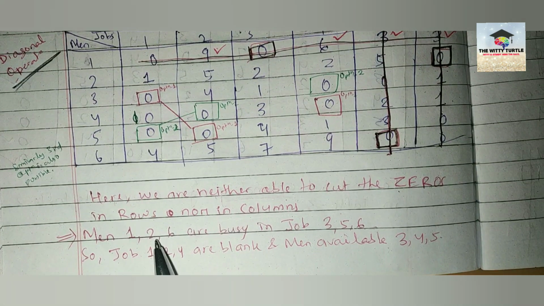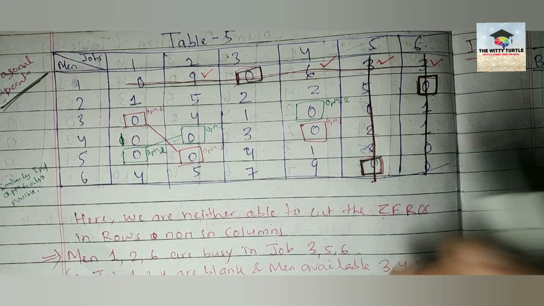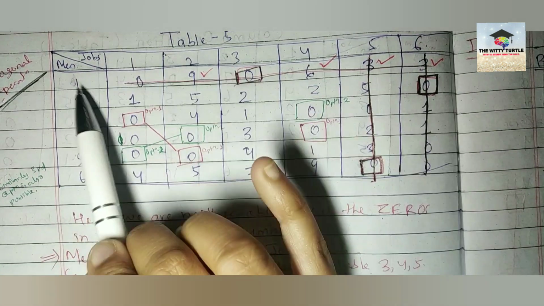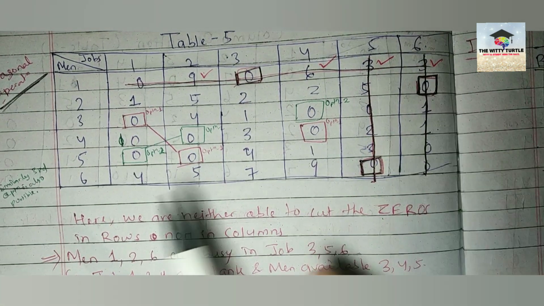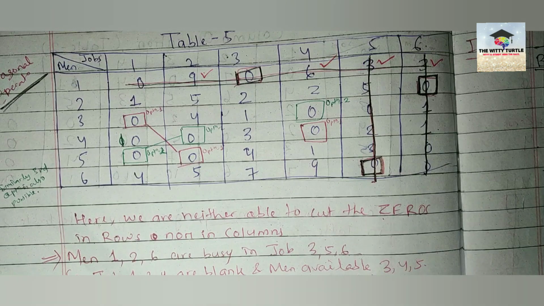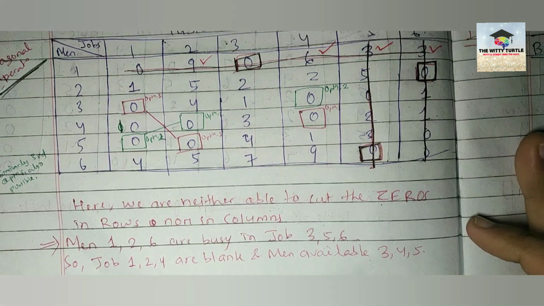So here we can see that men 1, 2 and 6 are busy in jobs 3, 5, 6. How can you say that? Because see, job 3, men 1, men 2, job 6, and then men 6, job 5. Right? So what do we have blank? Which jobs are we having blank?